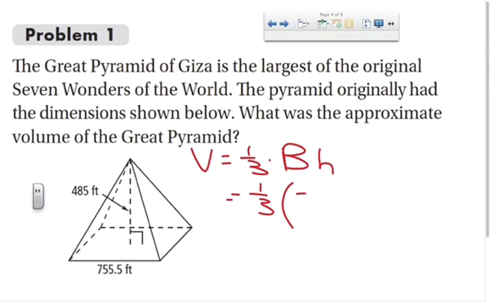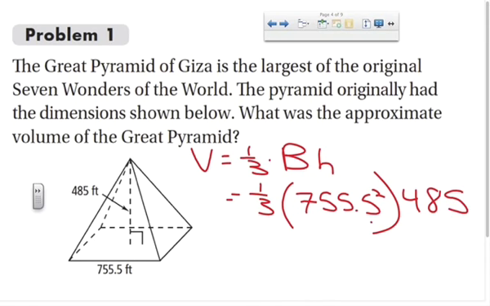In this problem, my capital B is the area of a square, which is 755.5 squared, times the height of the pyramid, which is 485.